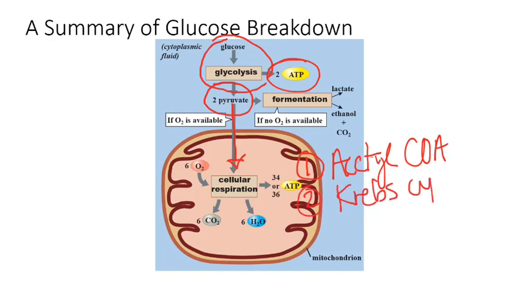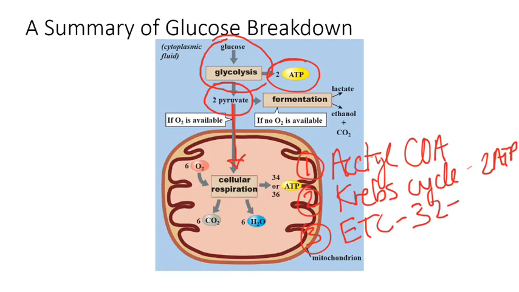The Krebs cycle will give us 2 ATP, and then number 3 is the electron transport chain, and we can get 32 to 34 ATP there, depending on the type of cell. So if we do glucose metabolism going through glycolysis and cellular respiration, we can get 36 to 38 ATP depending on the type of cell.